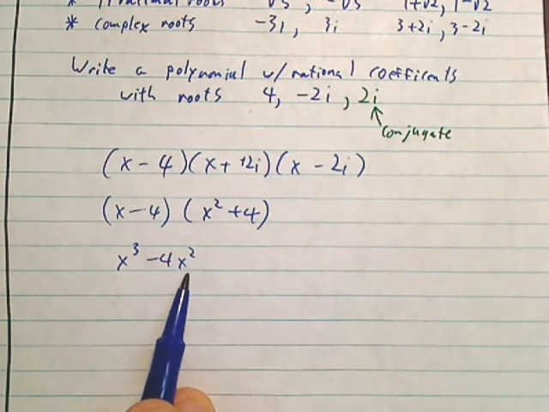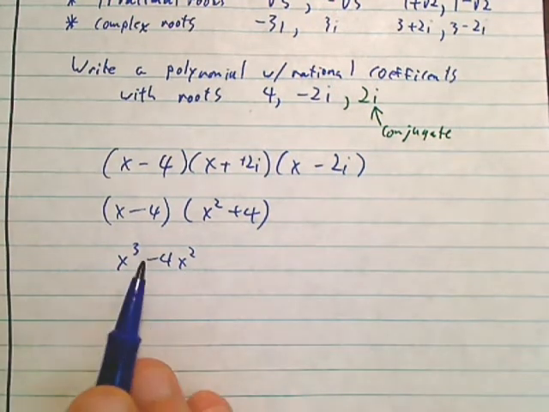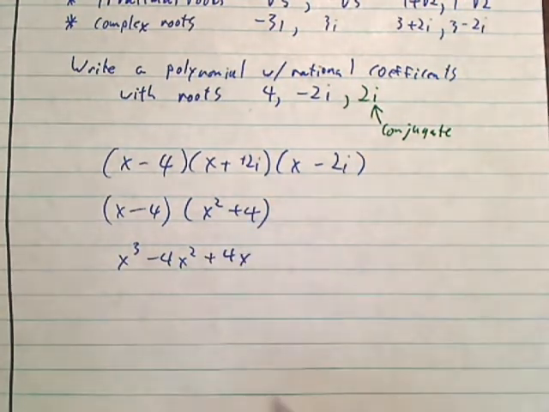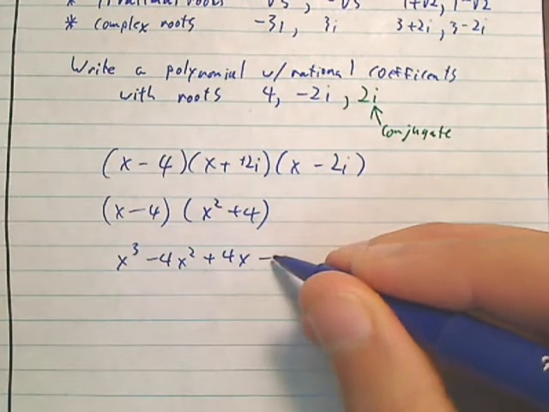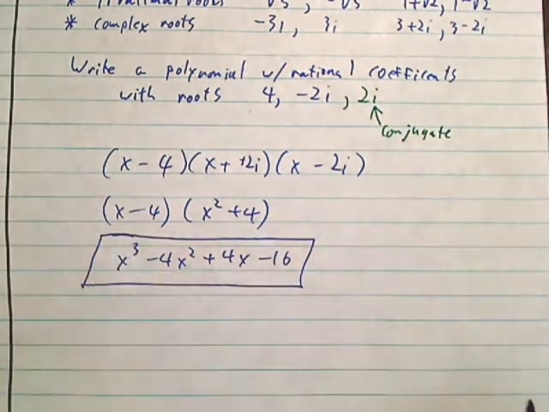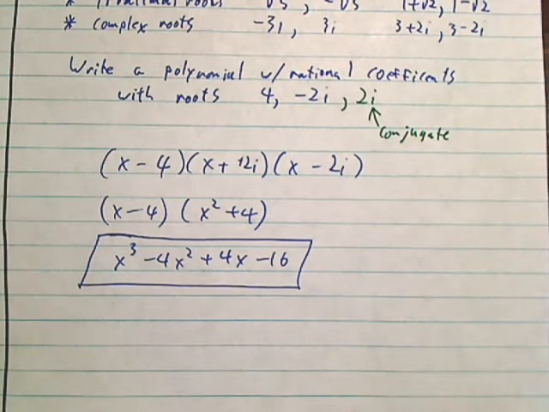So that's why I FOIL this time. X times 4 is plus 4x, and then negative 4 times 4 is negative 16. So a polynomial in standard form with rational coefficients, with the roots that they wanted, is there.